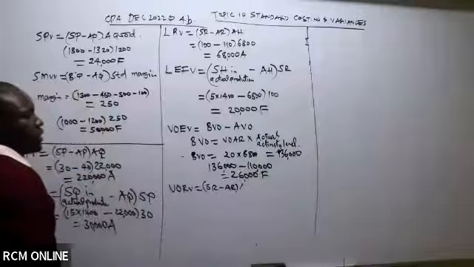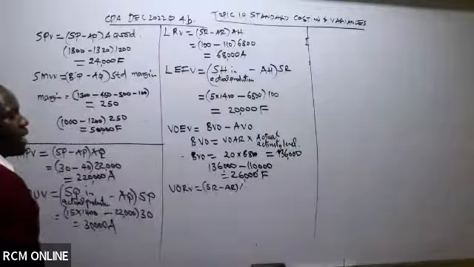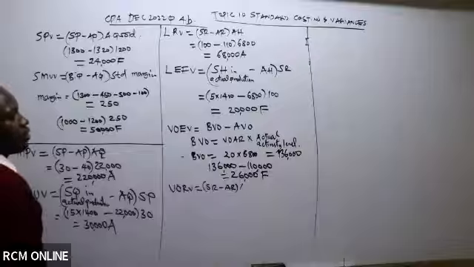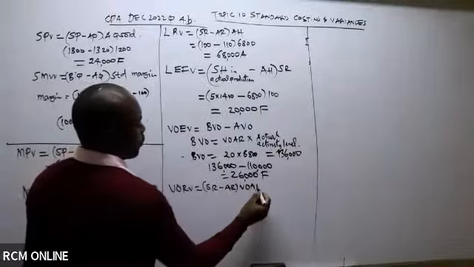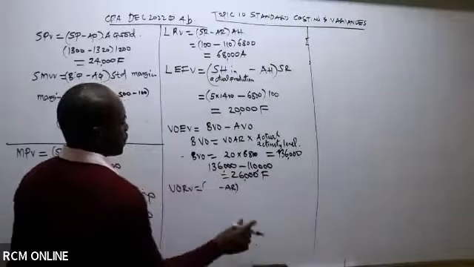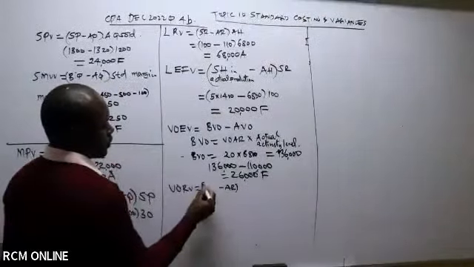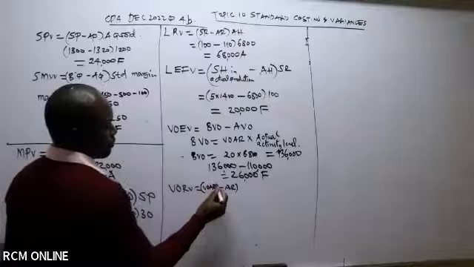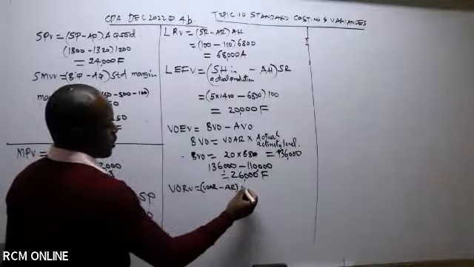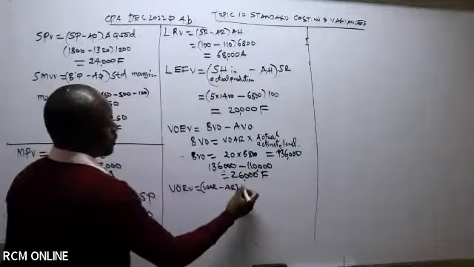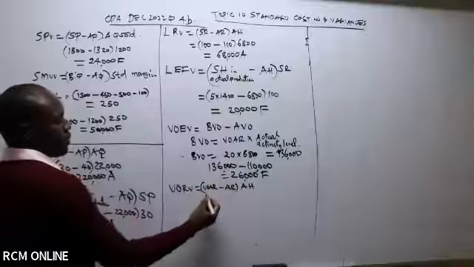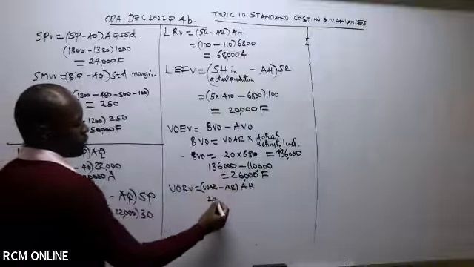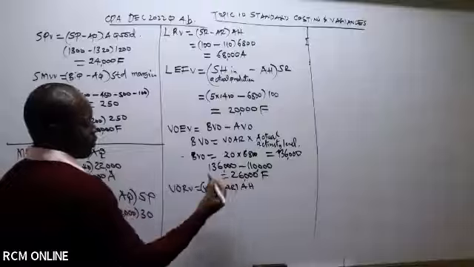Under actual hours, we are talking about the variable overhead absorption rate, multiplied by actual hours, because they are dependent on labor hours. So let's see if this one will give us the same thing. Variable overhead absorption rate 20 minus actual rate. So do we have actual rate?